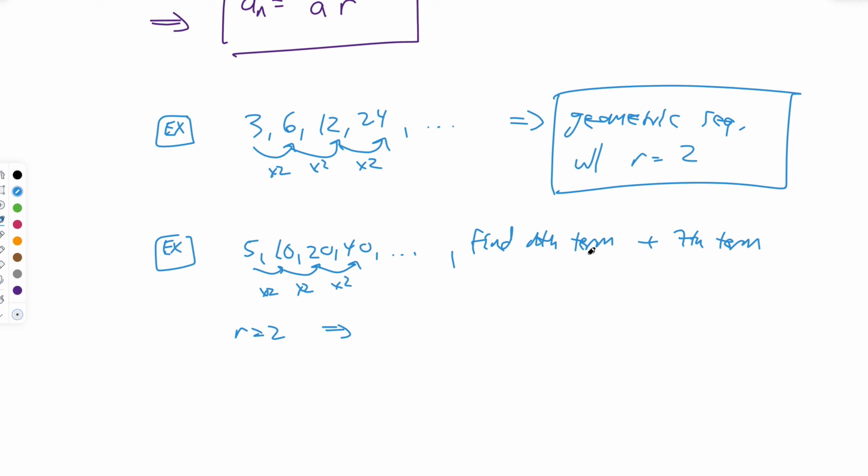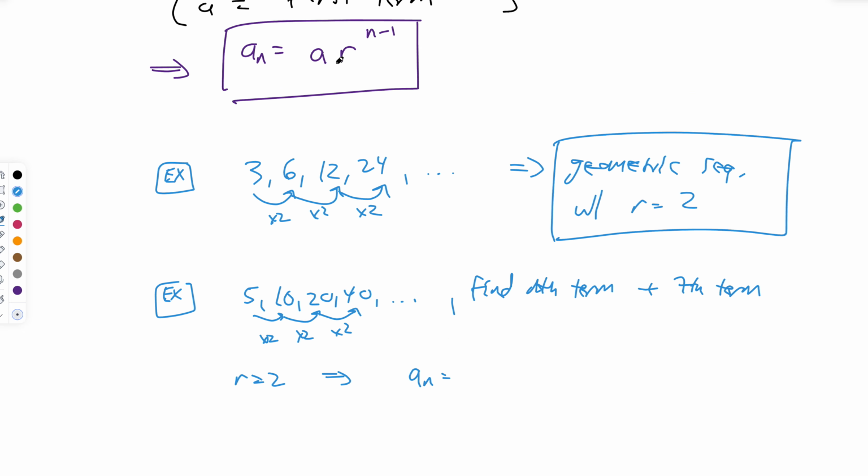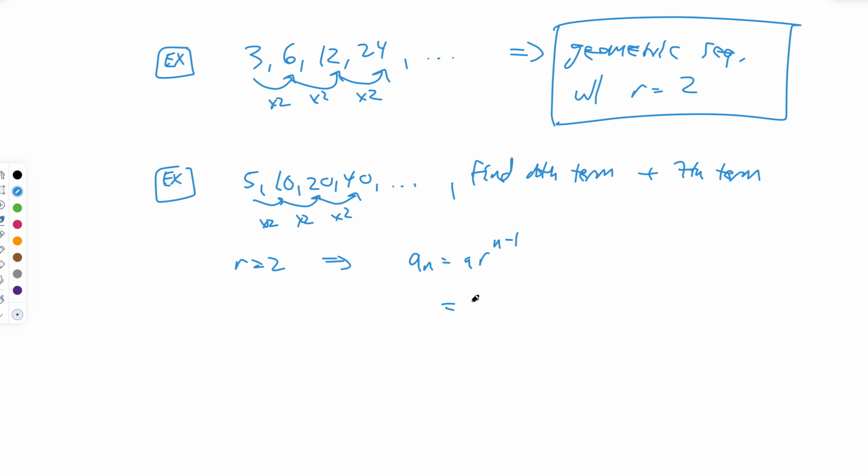Therefore, my general term, my nth term, remember a sub n was a times r to the n minus 1. So it's 5 times 2 to the power of n minus 1.